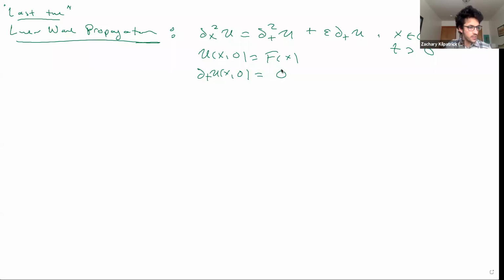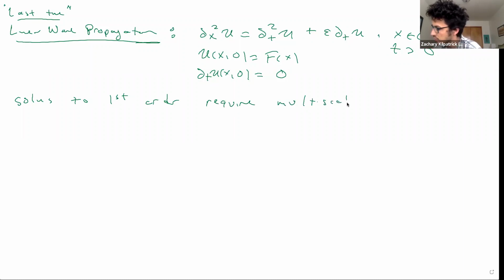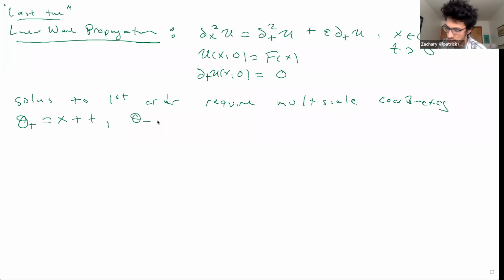And what we found is that essentially you're going to have solutions to lowest order that require multi-scale coordinates, in particular of the form theta plus equals x plus t, theta minus equals x minus t, t2 equals epsilon t.